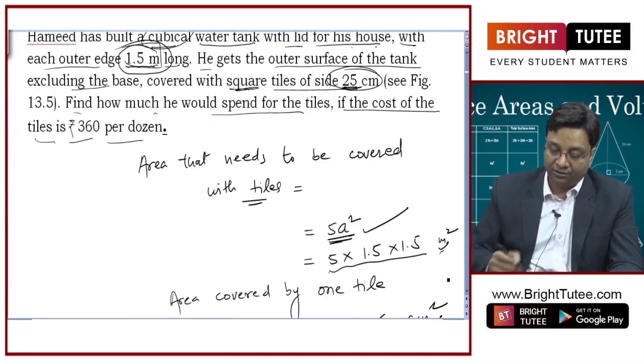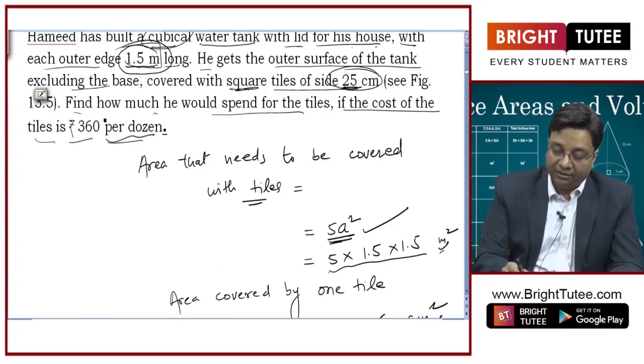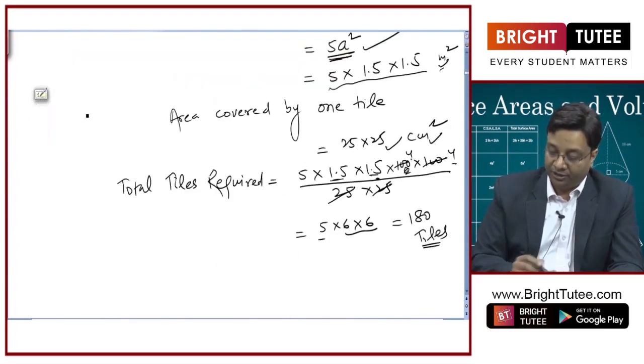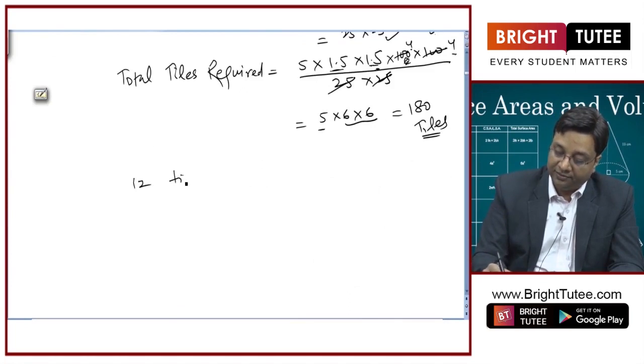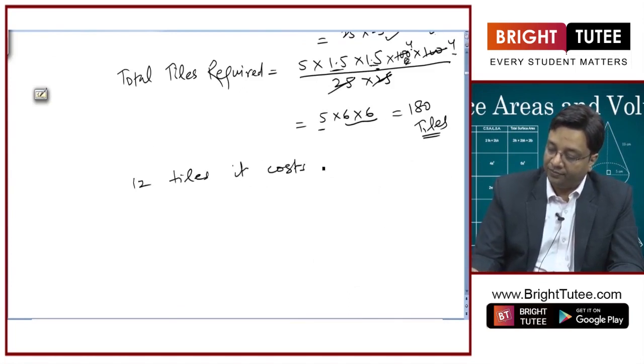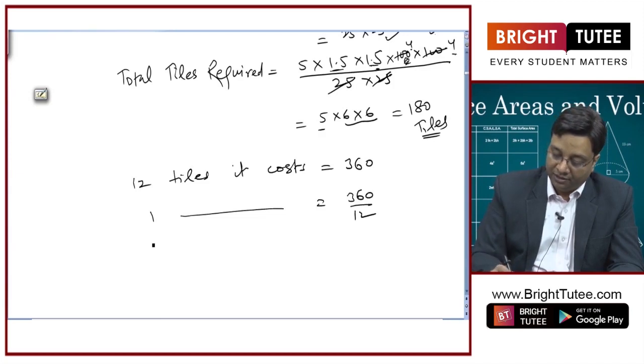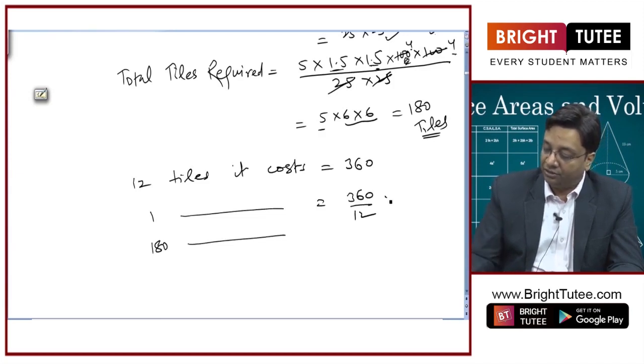Now, what is the cost per dozen? It will cost us 360 rupees. So, for 12 tiles, it costs rupees 360. For one tile, it will cost 360 by 12. For 180 tiles, it will cost us, we will multiply this by 180.